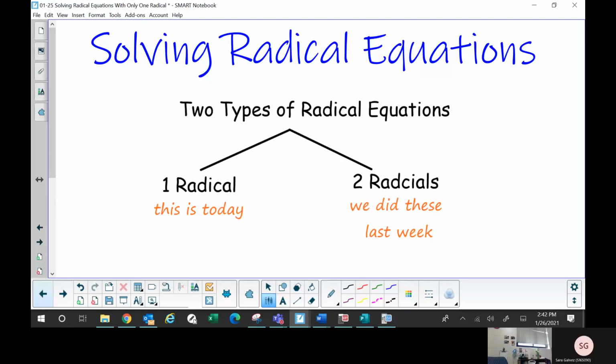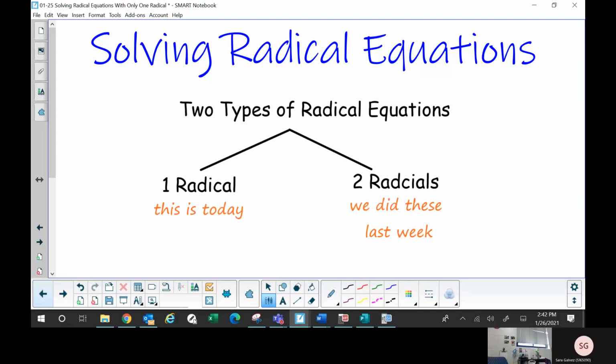If you look at the page I gave you, these are just a guide, some steps to do. You need to isolate the radical, use the opposite power to eliminate the radical. Step 3, solve the resulting equation. Step 4, check your answers. What's going to be a little bit different? In Algebra 1, you had 1, 2-step, multi-step equations.